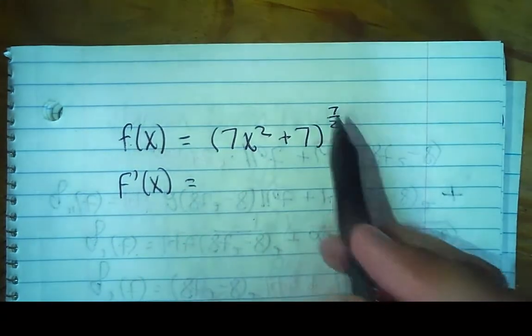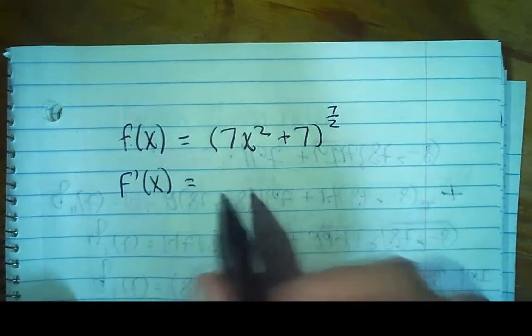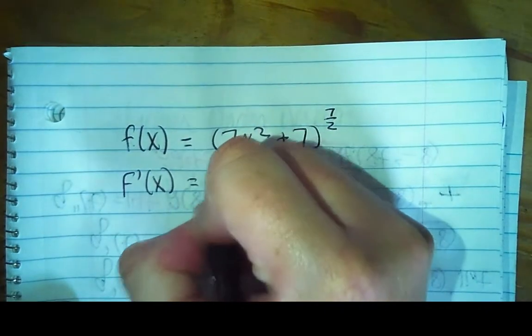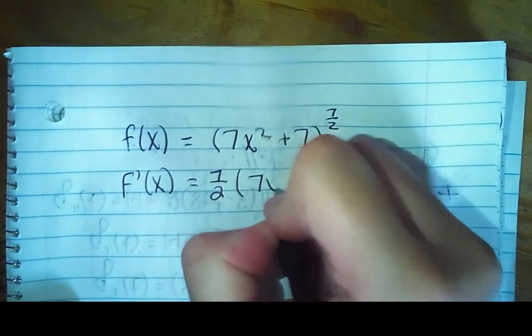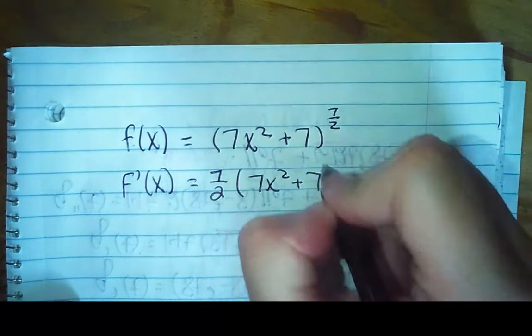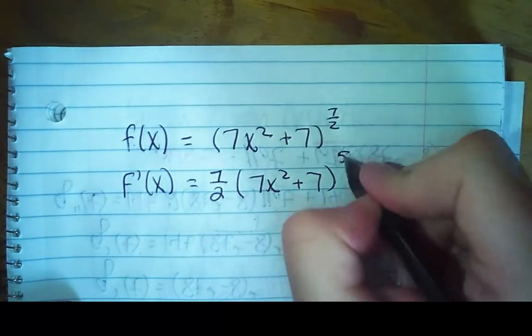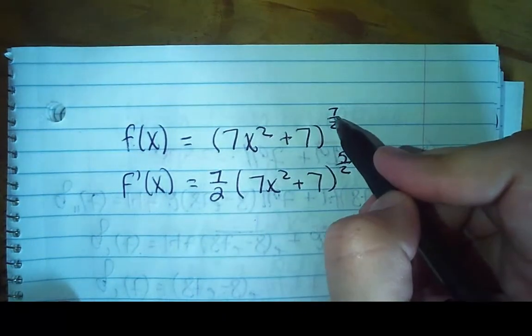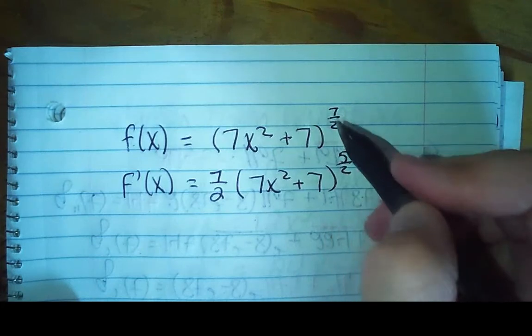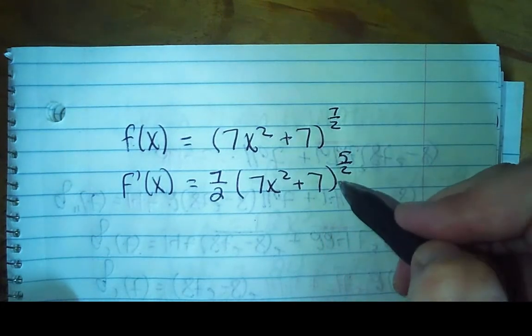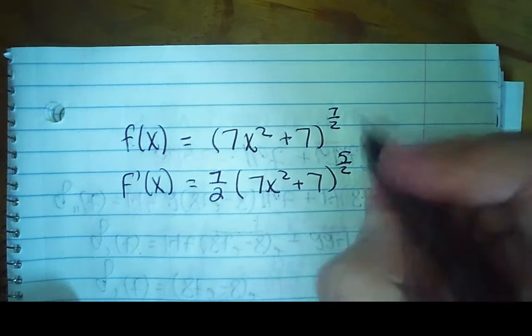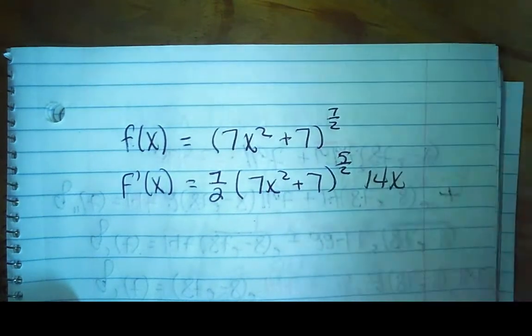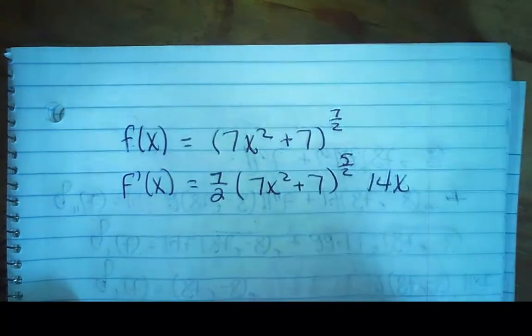Okay. So my power rule says drop my 7/2 out front times what's sitting there, plus 7 raised to the 5/2, because 7/2 minus 2/2 is 5/2, times the derivative of the inside, which is a 14x. Okay, so I'm done with my first derivative.